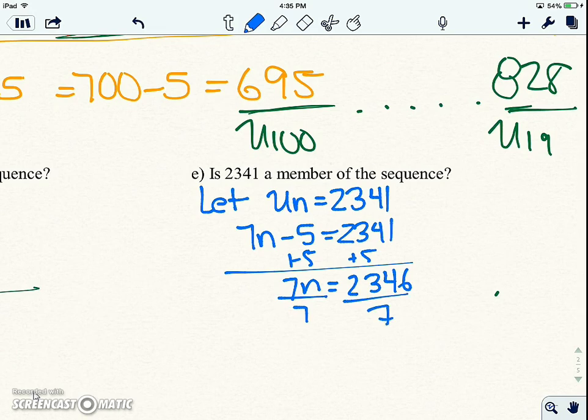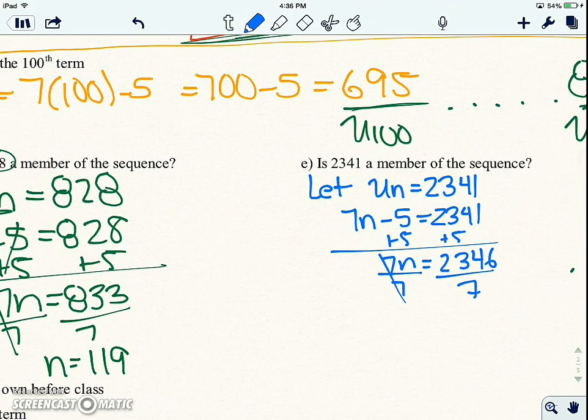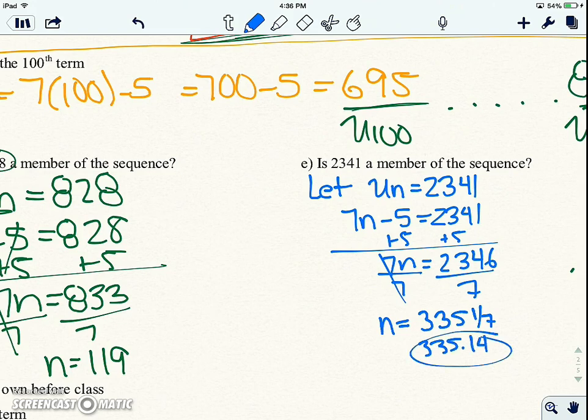Divide by 7, and you get n equals 335 and 1/7, or 335.14. This is not an integer. In this case, n is not an element of the integers. There is no 335 and 1/7 term, so no, this is not a member of the sequence.